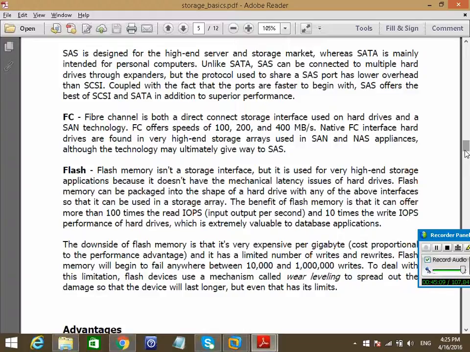Next we have Fibre Channel. Fibre Channel is both a direct connect storage interface used on a hard drive and a SAN technology. FC offers speeds up to 400 MB. Native FC interface cards and drives are found in very high-end storage ranges using SAN as a deployment. Okay, all the technology may ultimately give way to a SAN.